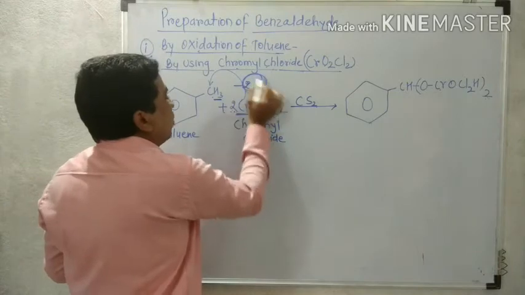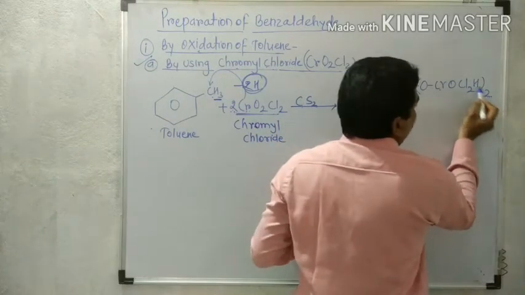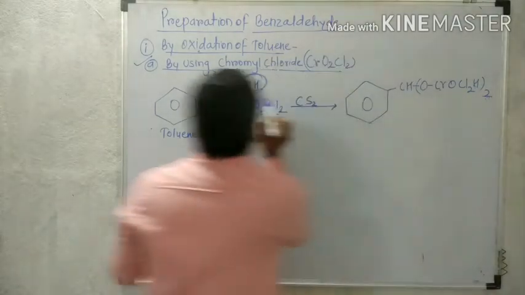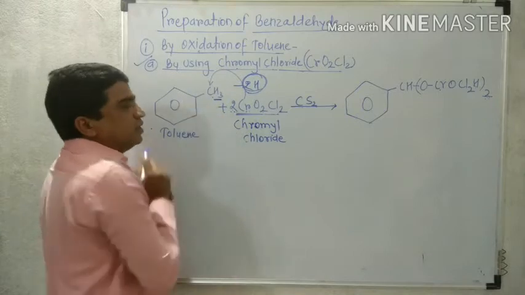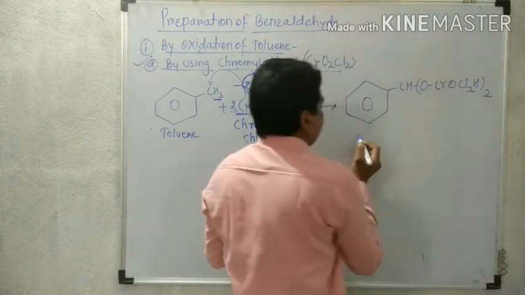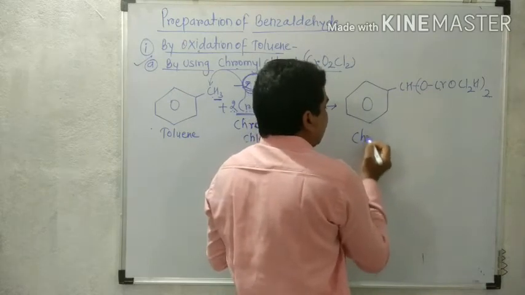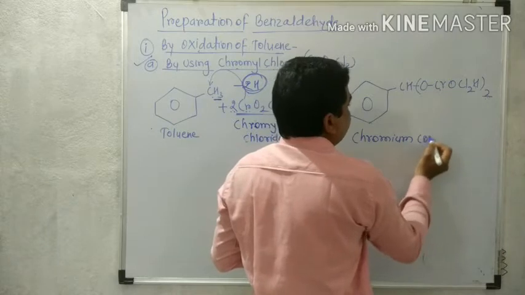And the remaining two hydrogens are also added in this complex. So this structure is obtained. That structure contains chromium, therefore it is called a chromium complex.